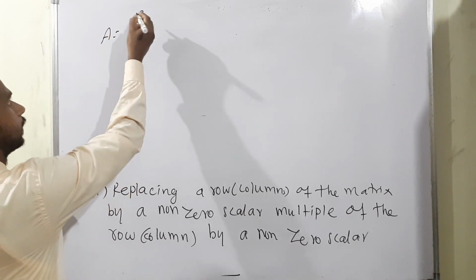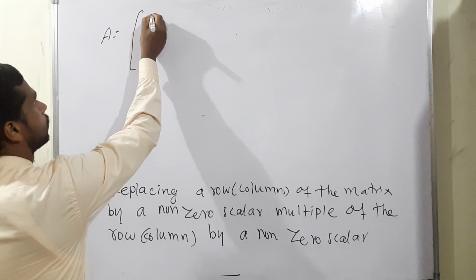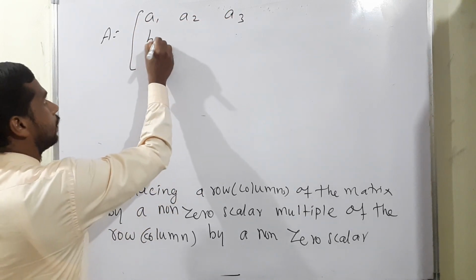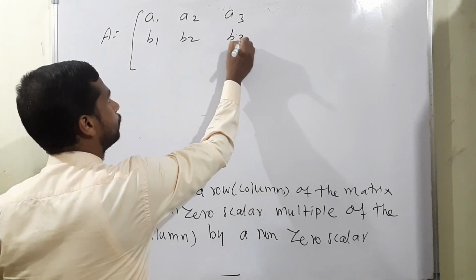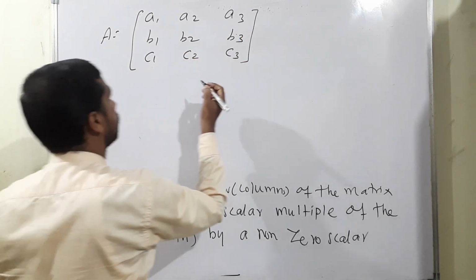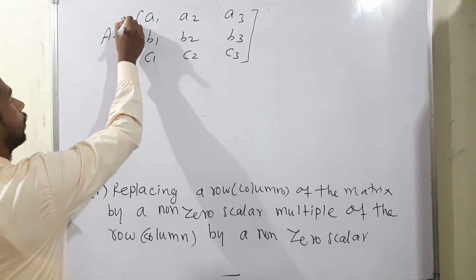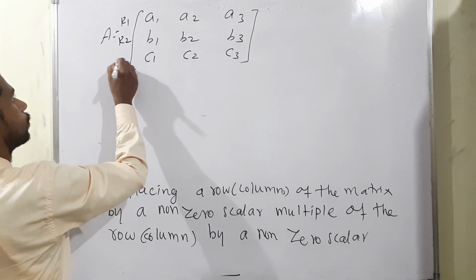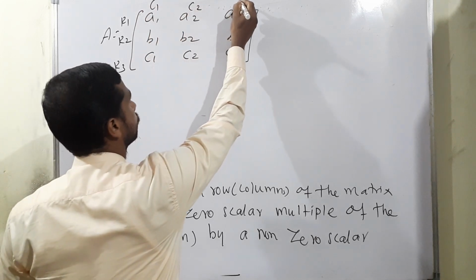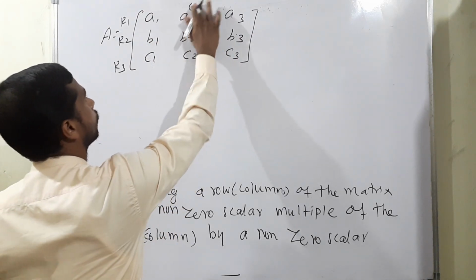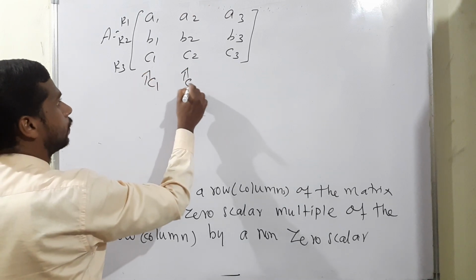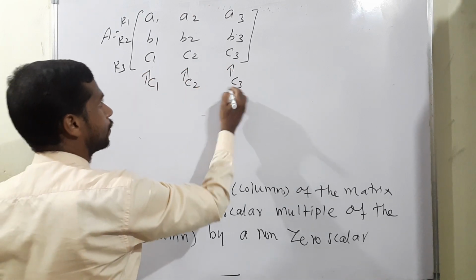Consider a 3 into 3 matrix: A1, A2, A3, then B1, B2, B3, then C1, C2, C3. This is R1, R2, R3 and C1, C2, C3.